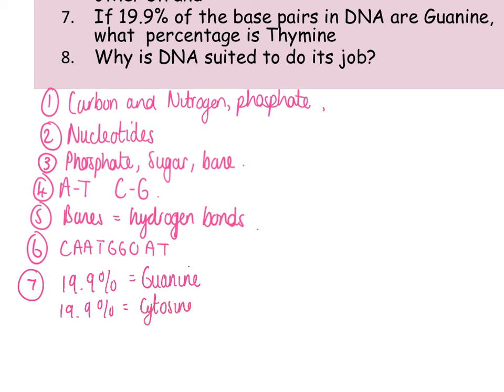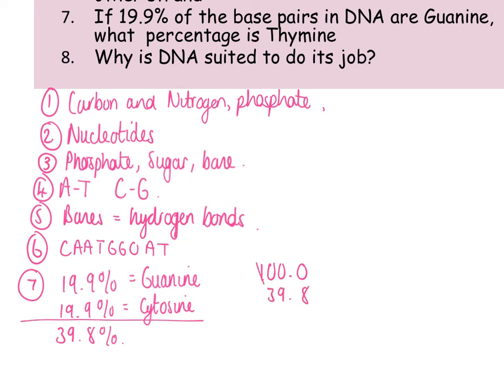And the reason we're going to have that is cytosine because they're complementary base pairing. So if 19.9% is guanine, we have to have the same amount of cytosine because they pair together. So in total, that would be, this is where my maths is going to be dodgy, 39.8%.